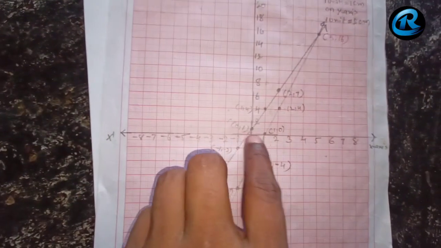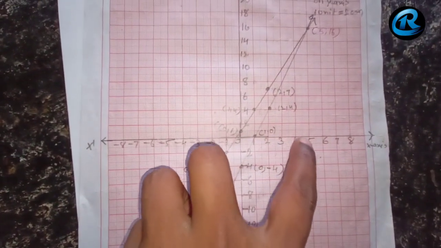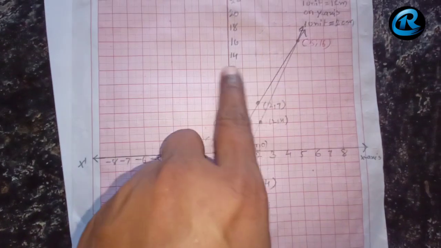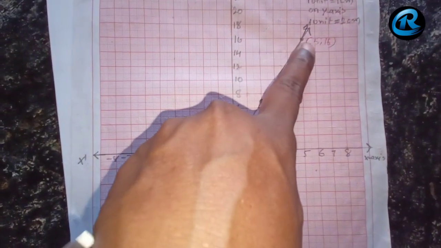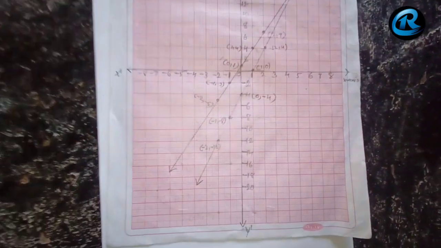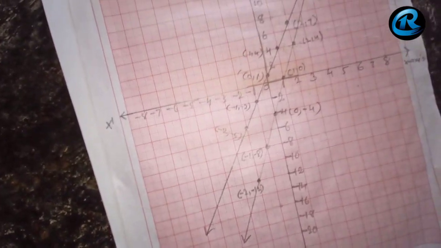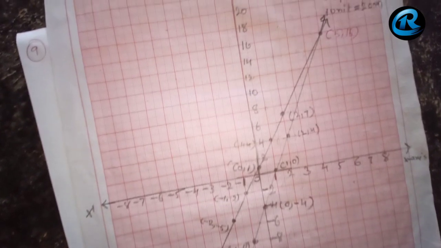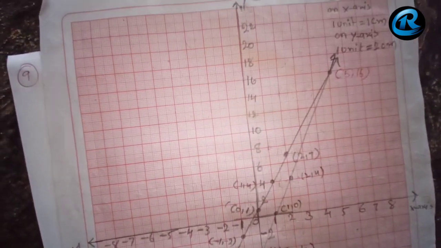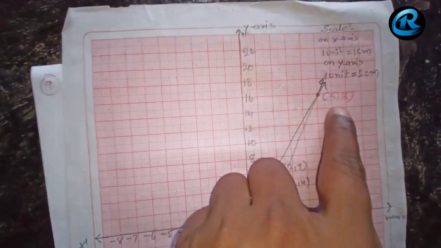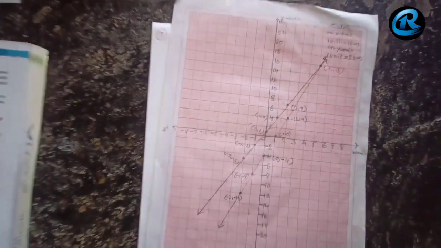See, the number of benches we have taken on the x axis, x equal to 5 and y equal to 16. So plot those points carefully in the graph. They are going to intersect at 5 comma 16. You should not write this with a pen, because I have written it to make it highlight.